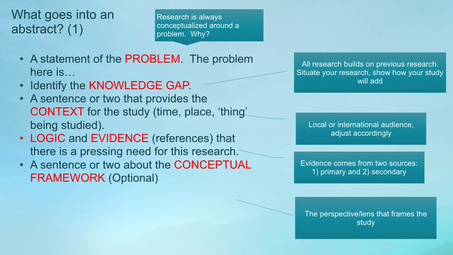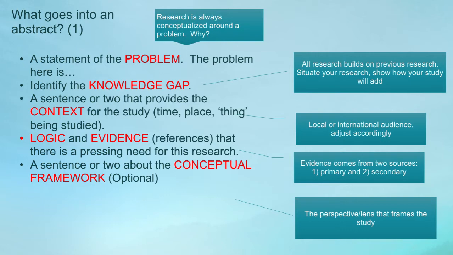You could even use the sentence, the problem here is, when you are starting to identify the problem and you're not sure in the beginning stages. So you're looking for a sentence or two that identifies the problem. The problem is very important in research because it provides the real world rationale. It answers the so what question. Why do I have to listen to this research? Why do I have to read it?